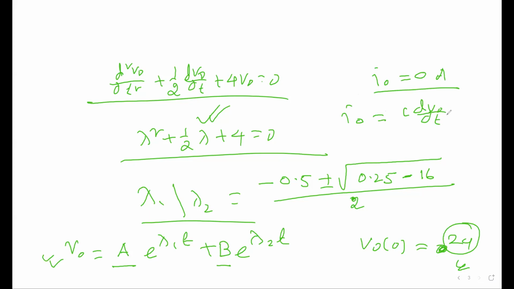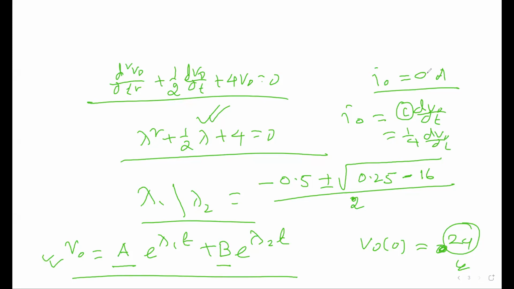Yes, sir. And your C value was given equal to 1 by 4. That means you simply differentiate this equation, multiply it by 1 by 4, put time t equal to 0 and equate it equal to 0. Then you will have two equations there to find your A and B. This is the analytical solution.